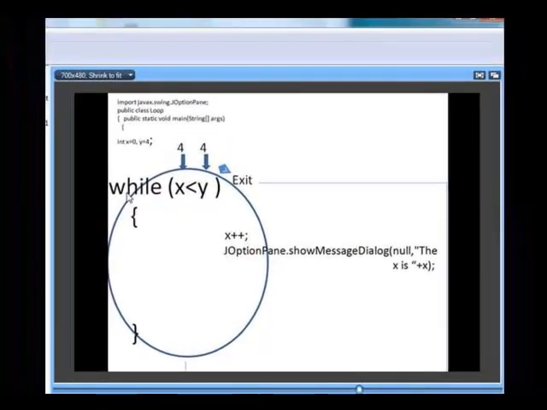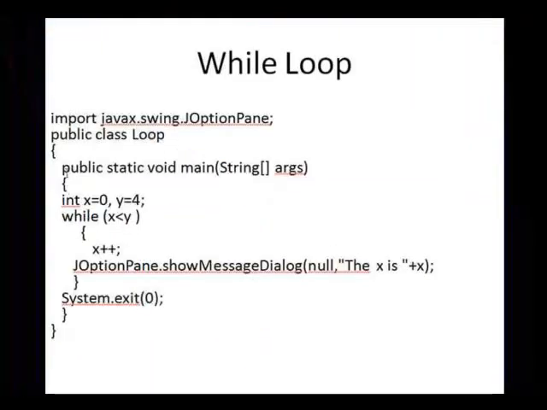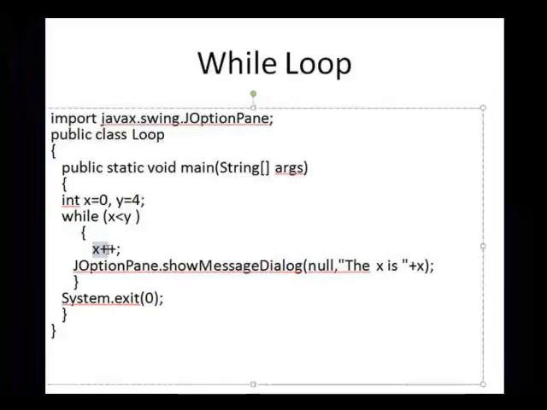We have two more forms of the loop that we're going to talk about one by one. As you see, this is the while loop format, where you check the condition, increment the x, display the message, then go to the loop again, as I showed you in the animation. In this slide I used x++, but I did not explain what it means.